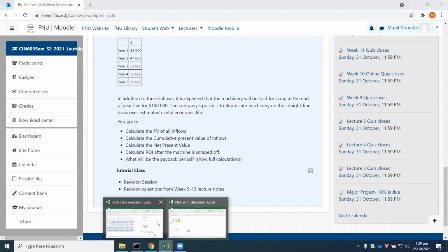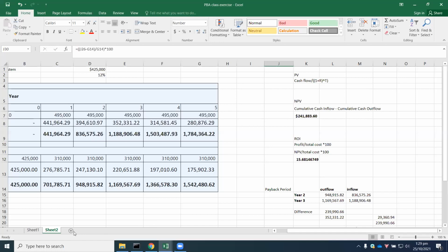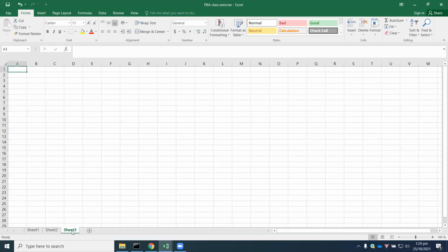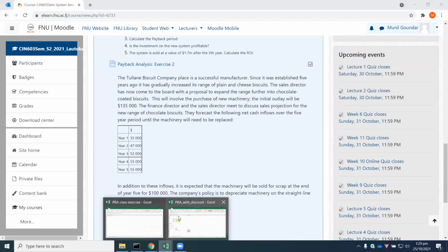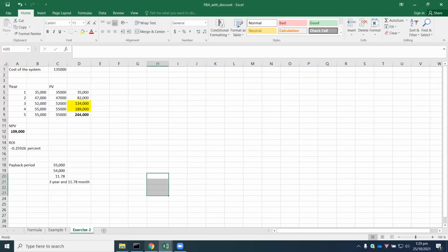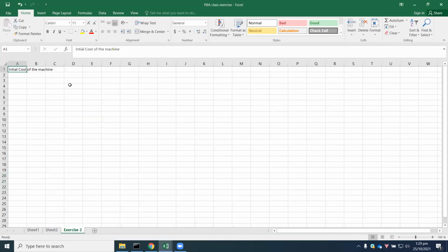I'll open up a new worksheet very quickly, and I will rename this as exercise 2. The initial cost of the machine is $135,000. So I'll write down here $135,000.